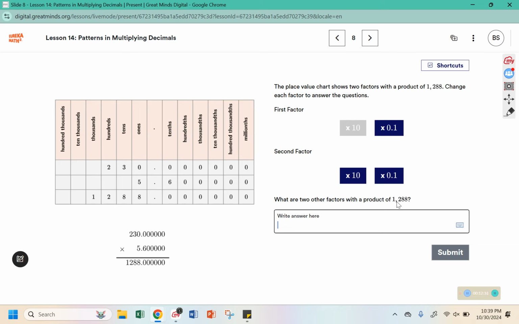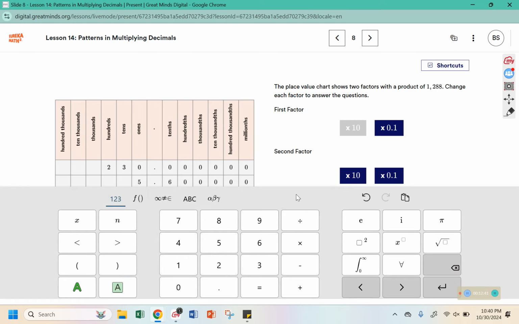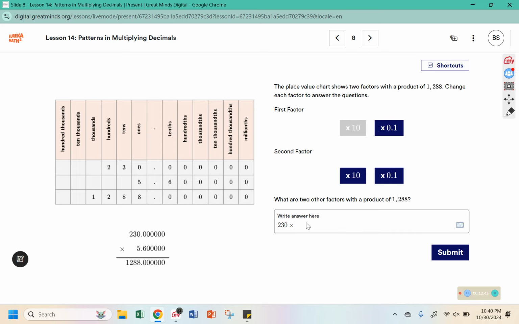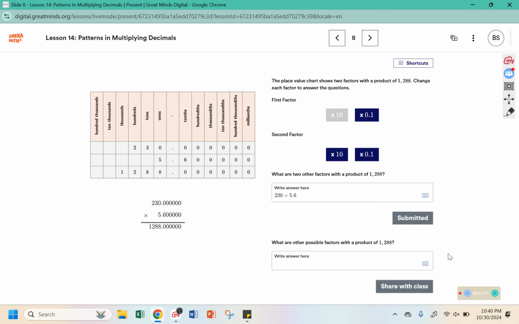What are two other factors with the product? We have 230 times 5.6. What are other possible factors with a product of 1,288?